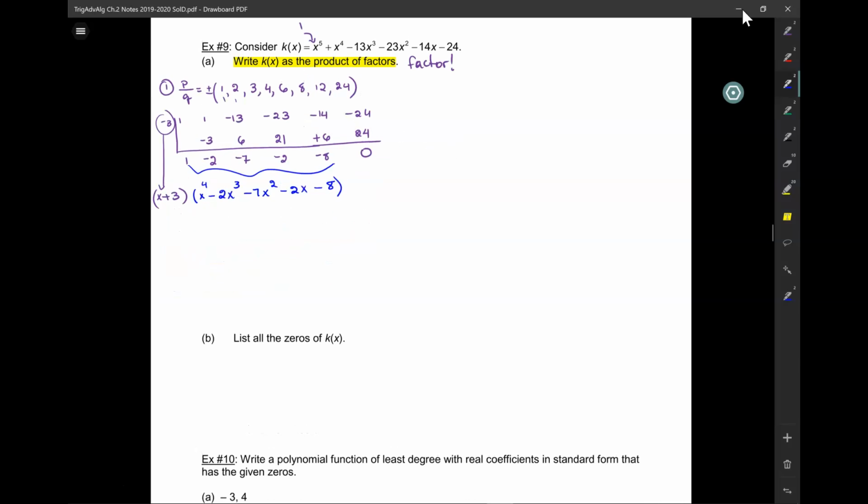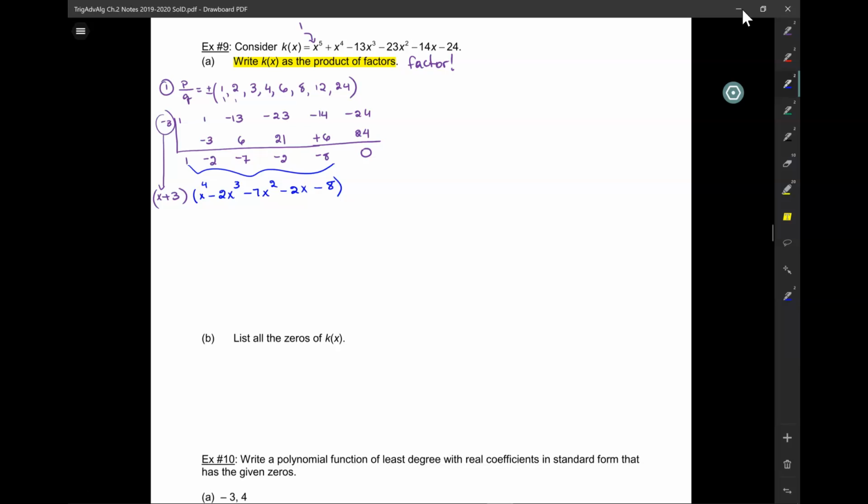Now, the point is, this is factored. The blue one needs to be factored some more. This is still a pretty complicated function that we cannot factor by hand. That means what you have to do now is another synthetic division just for the blue part.